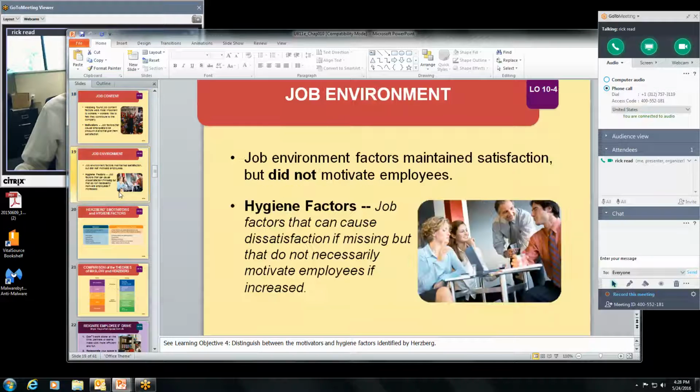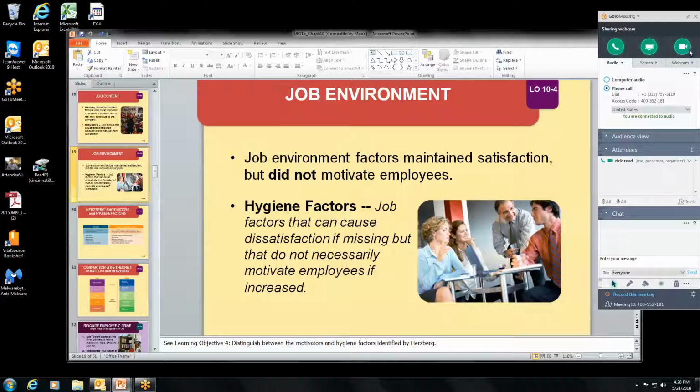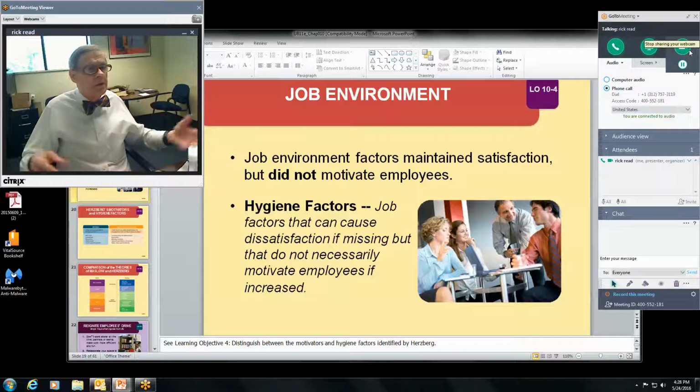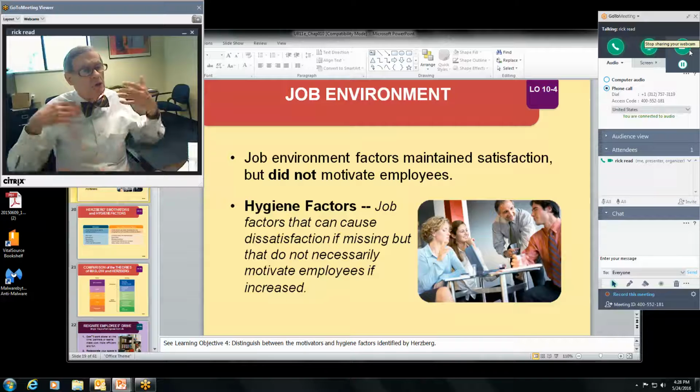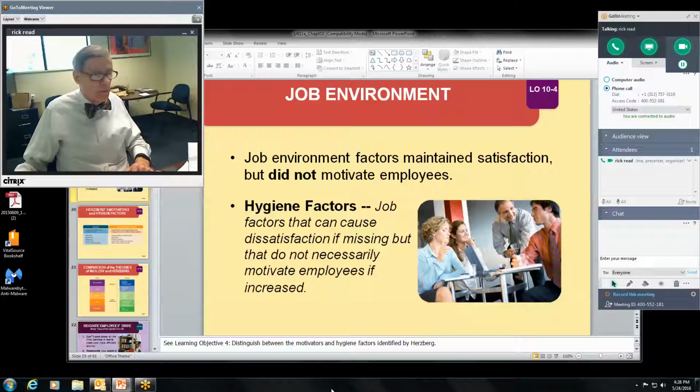The job environment, or job context, if you will, causes dissatisfaction if it's missing: bad working conditions and things like that. But they don't motivate you. They don't make you do or want to do things better and have a higher level of performance.